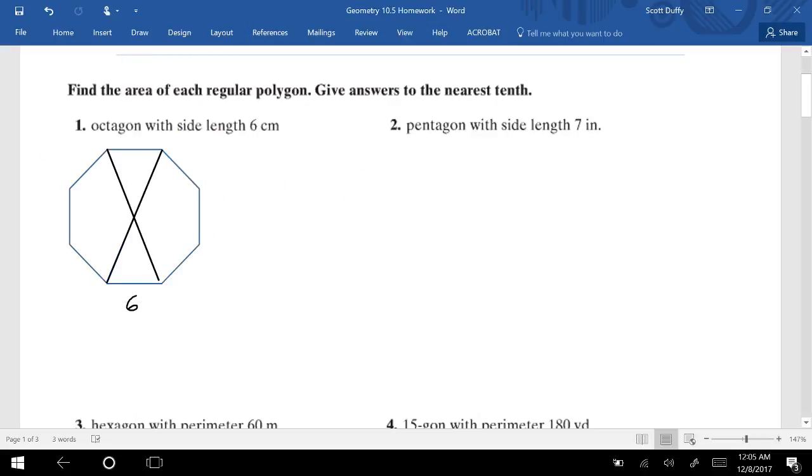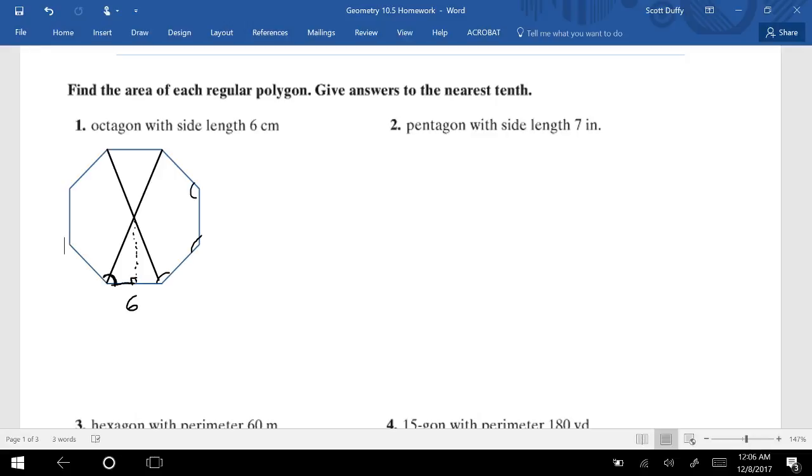Okay. Now what I need to know is what is the length of that apothem. What I know is that I've just made a right triangle right here. And I also know that I can figure out what each of these angles are. And that this angle is half of what one of those angles is.